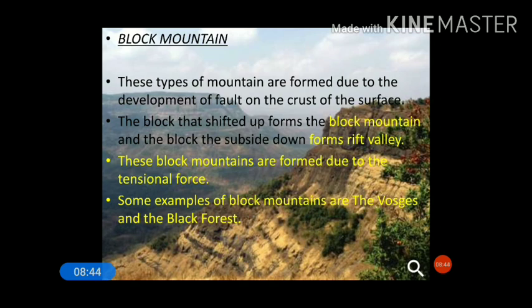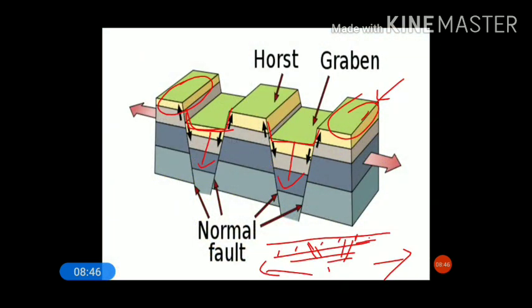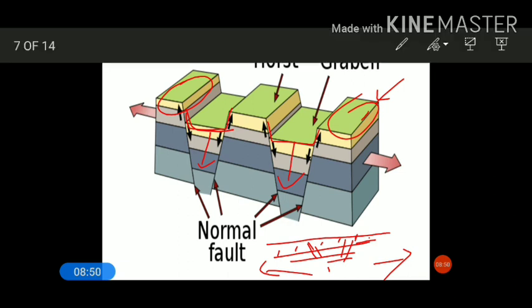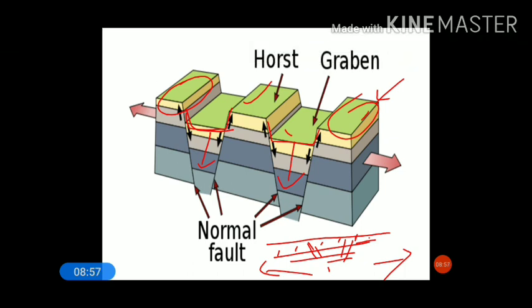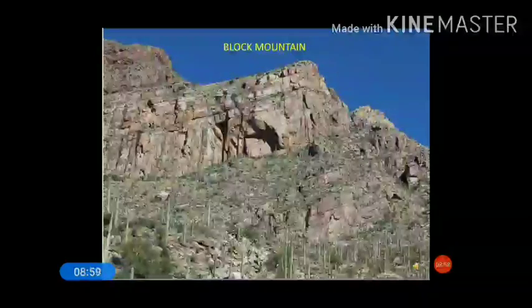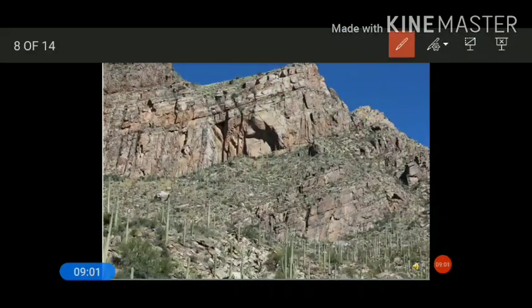You can see in the image here the formation of a block mountain and the rift valley. The downward one is the rift valley, and this one, the horst, is also known as a block mountain. This is an image showing a block mountain. This block has shifted up and this block has shifted down. So this is an example of a block mountain.